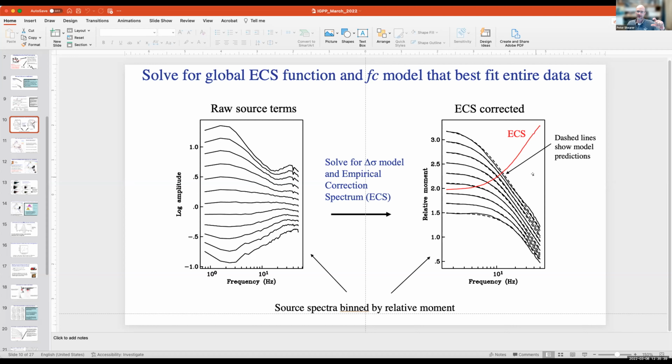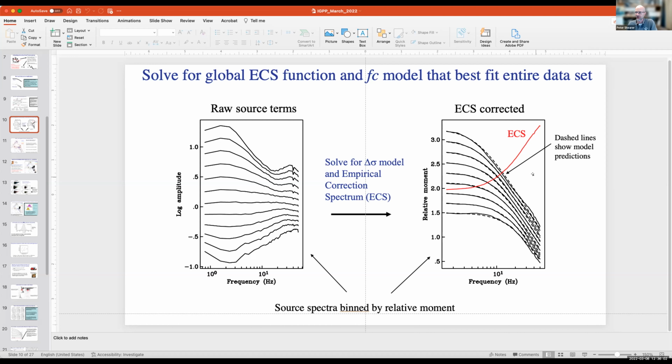So you can make strong attenuation in the near surface layer, and that's going to trade off with all of the stress drops. You're going to shift all the stress drops higher or lower, and that kind of trades off with the Q in that near surface layer.